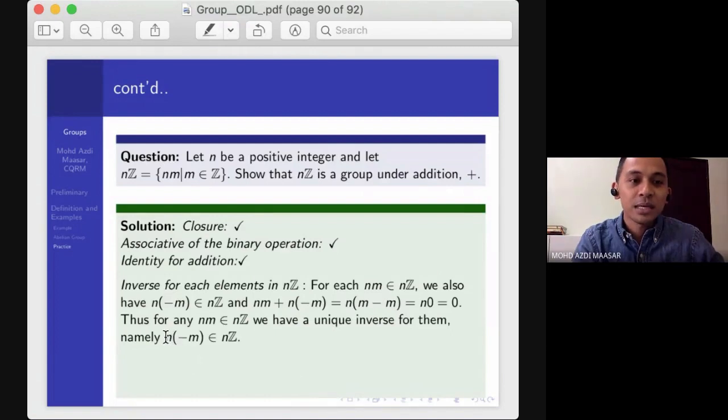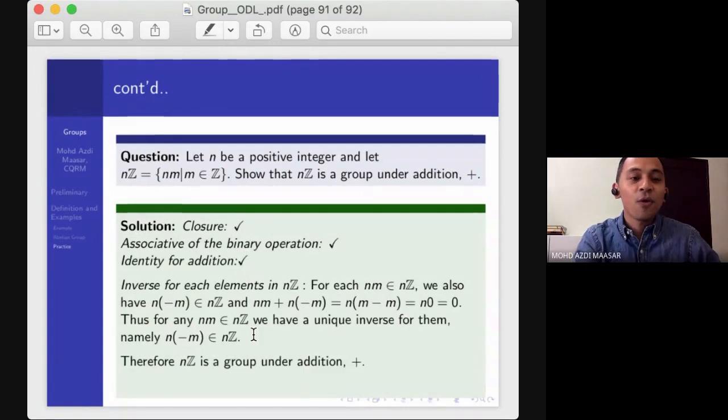Okay, we see here that n is the positive integer, and minus m here satisfies the condition for m, which came from the integers ℤ. Consequently, we have shown that nℤ satisfies group conditions under addition. Therefore, nℤ is a group under addition.